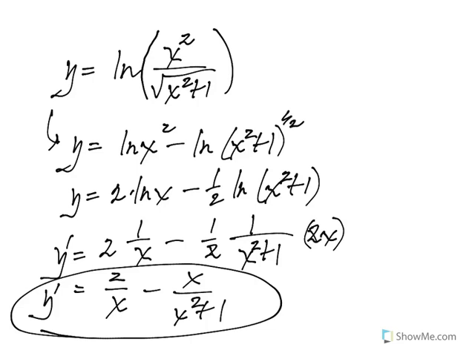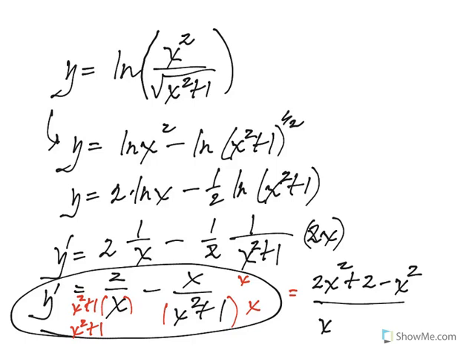And now that I'm thinking of it, let's just go ahead and work through this quickly. I'm going to use a common denominator of x times x squared plus 1. Multiply this top and bottom by x, this top and bottom by x squared plus 1. And this is going to give me then 2x squared plus 2 minus x squared, all over my common denominator of x times x squared plus 1.